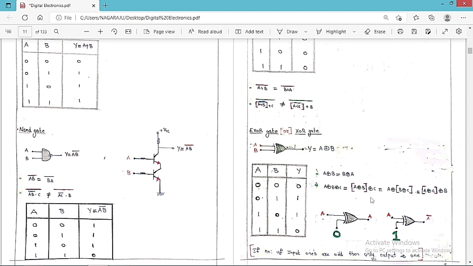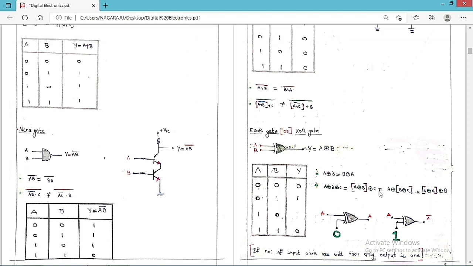So the commutative property is satisfied and the associative property is also satisfied. The associative property is not satisfied only in the NAND gate and the NOR gate, but here it is satisfied.